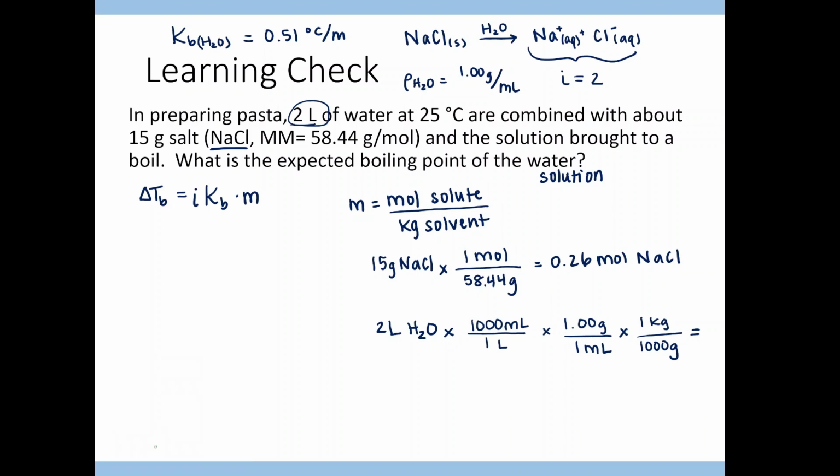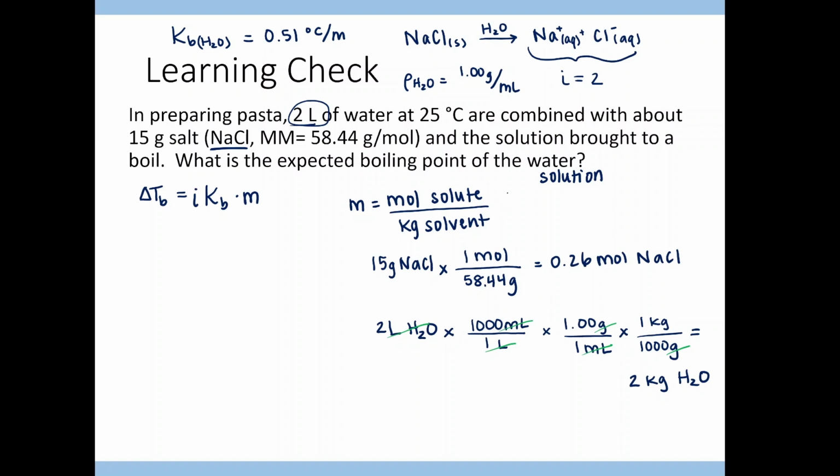So we take liters of water, cancel out liters, convert to milliliters, cancel out milliliters, convert to grams with density, and then convert grams to kilograms with that kilogram to gram relationship. And this provides that we have 2 kilograms of H2O.